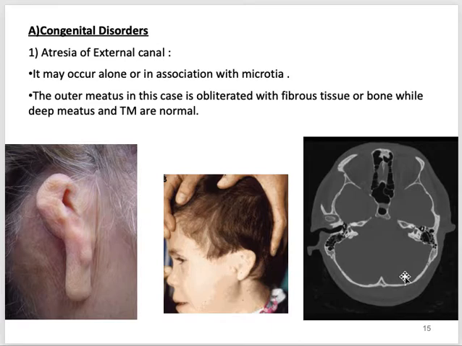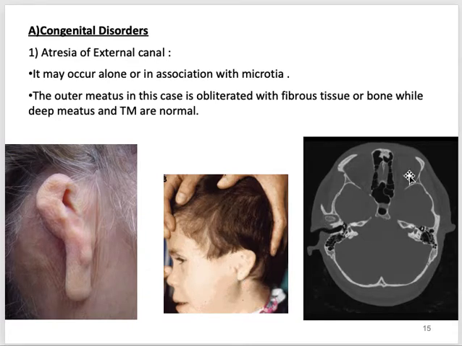You can see the CT scan over here. There is no external auditory canal. It is a congenital atresia, and it is associated with microtia, a small ear. Simply there is failure of canalization.